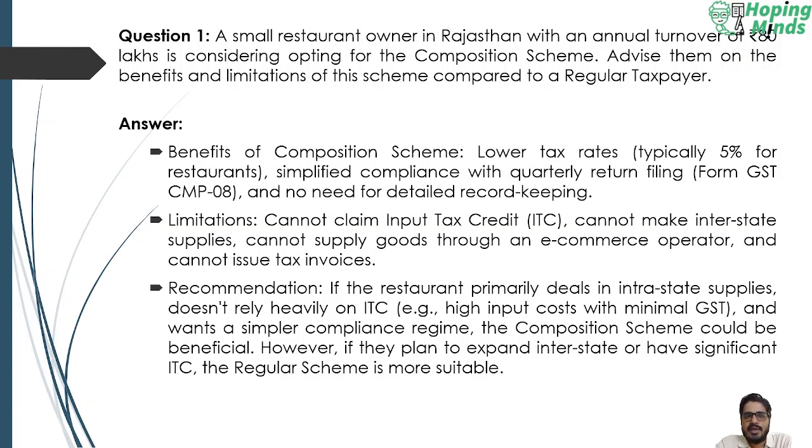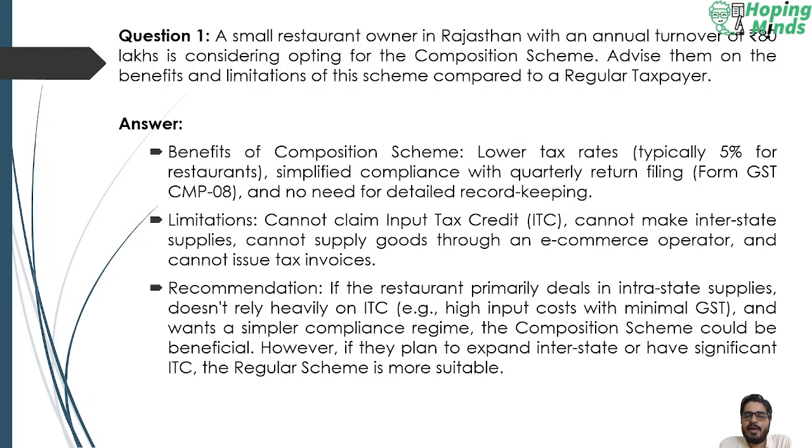Next, in context with this question, the recommendation is, if the restaurant primarily deals in intra-state supplies, and doesn't rely heavily on the input tax credit, for example, high input costs with minimal GST, and wants a simpler compliance regime, the composition scheme could be beneficial.